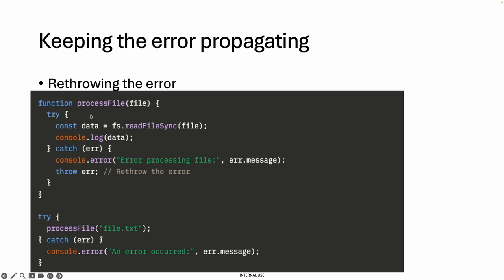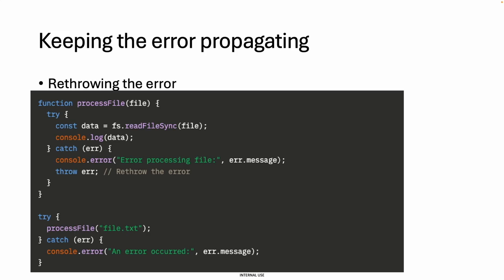So you see we're calling this process file within another try-catch block. This error will then be thrown so that it's caught in the highest hierarchy catch block. So it'll cascade up and it'll be caught somewhere else. One way to handle it and one way to keep the error propagating.